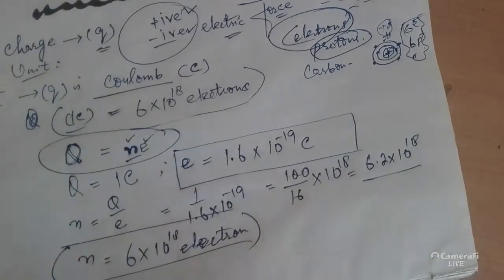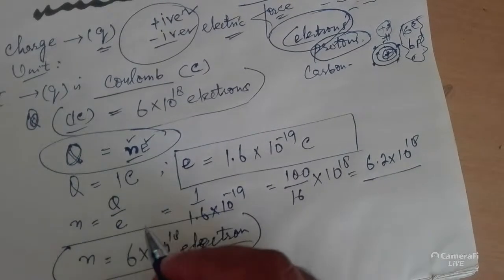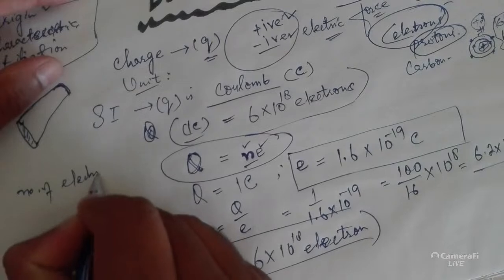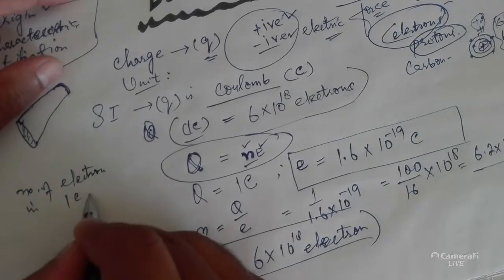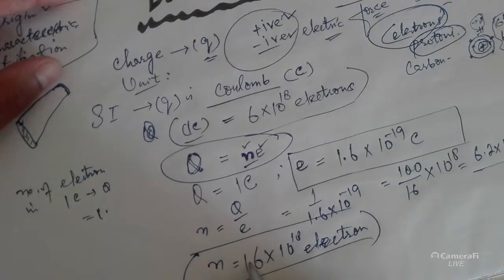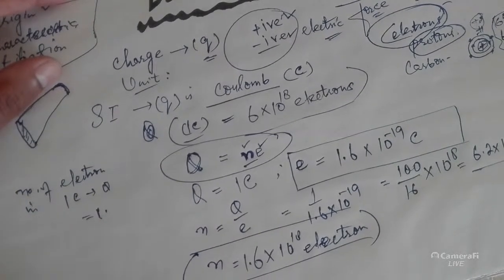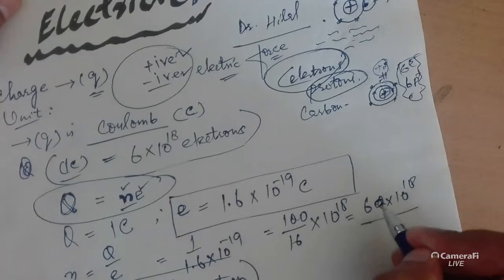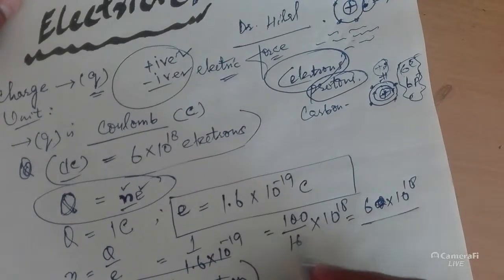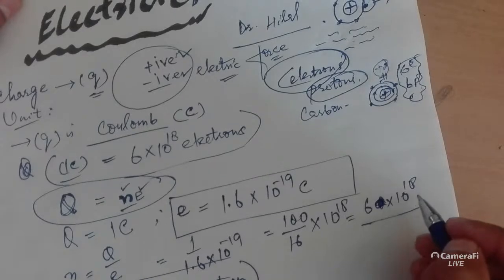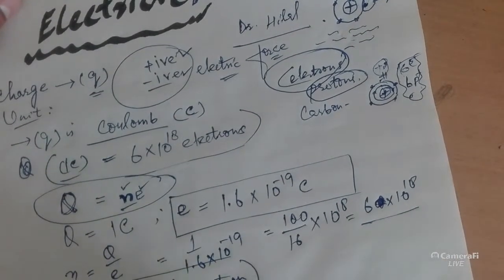This can be a separate question where we have to verify that the number of electrons in one coulomb of charge is 6.2 into 10 to the power 18. If we calculate this, it comes to 6 into 10 to the power 18 electrons.